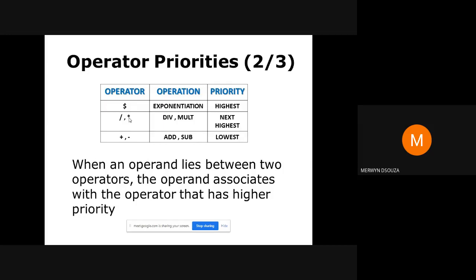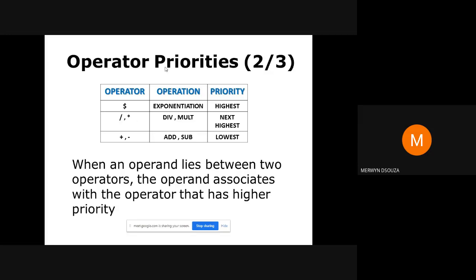Again, I'm repeating, there are no brackets in prefix or postfix expressions. Remember, when we do the conversion from infix to prefix or infix to postfix, even if the original infix expression had brackets, the final answer in prefix and postfix will have no brackets.